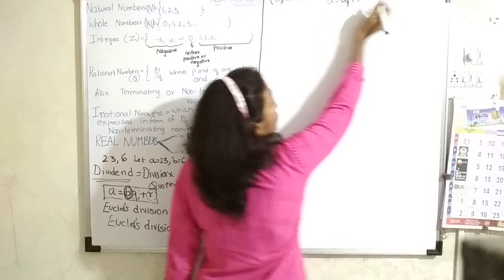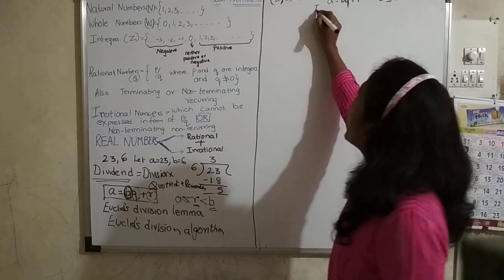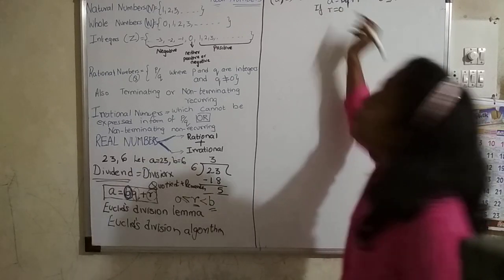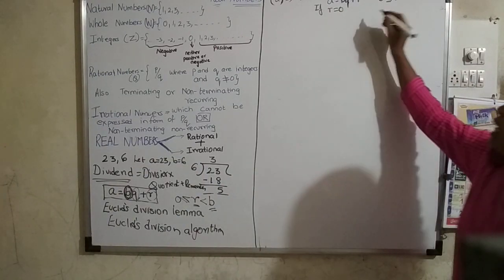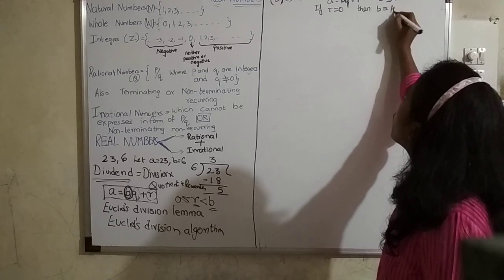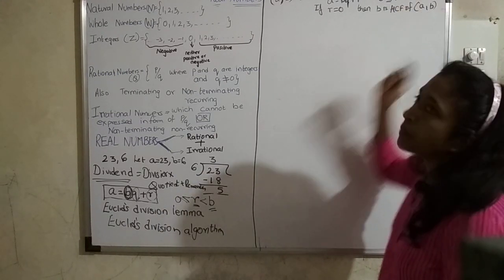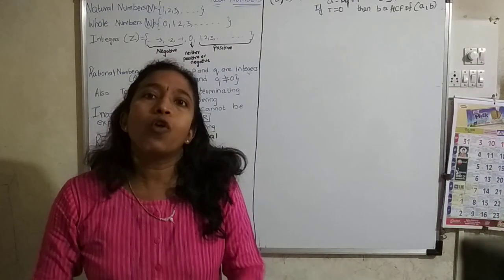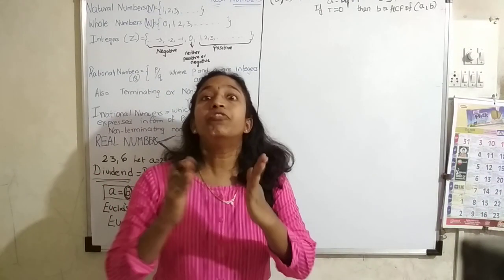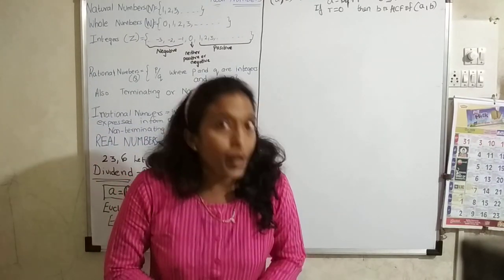That is the lemma we are using. If you get remainder 0, then b is the HCF of a and b. B is a divisor. Correct? I hope you understood.